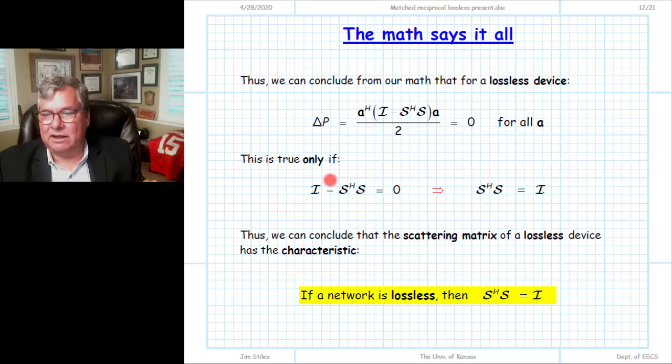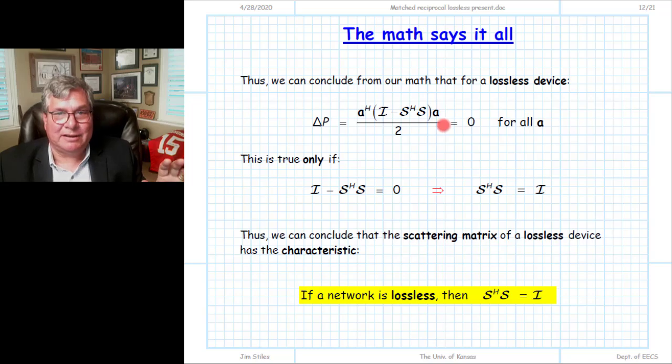Well, we can take all of our mathematical results now, and we see that the net power flow for a lossless device must be equal to zero. Yet this is the net power flow for any device. And so we say for a lossless device, this equation must be equal to zero. Now, if we look at this, the A are the incident waves. They're not going to be zero. There's no reason for them to be zero.